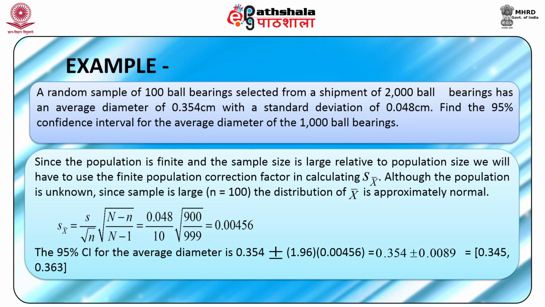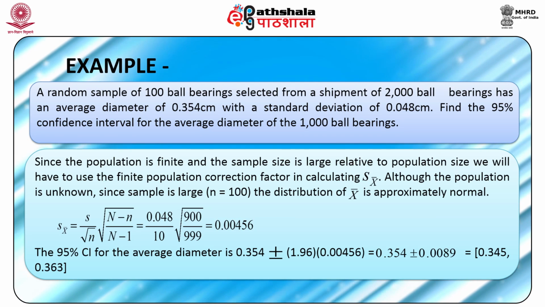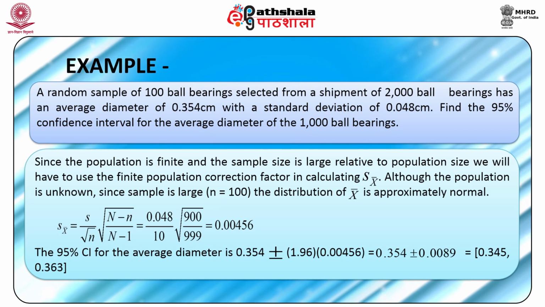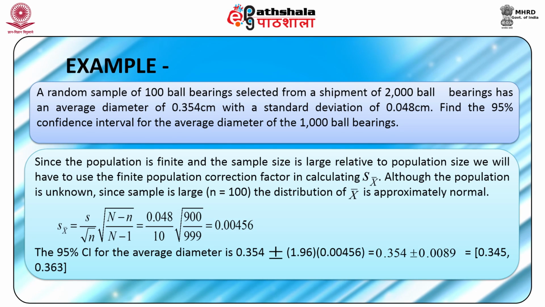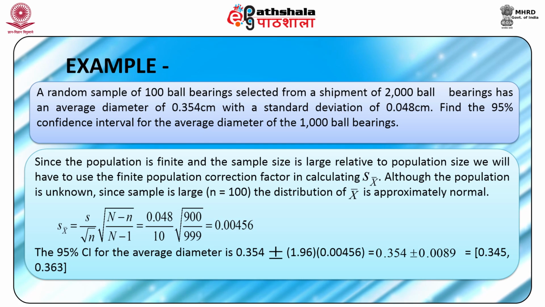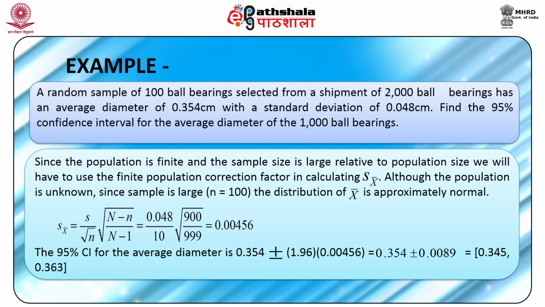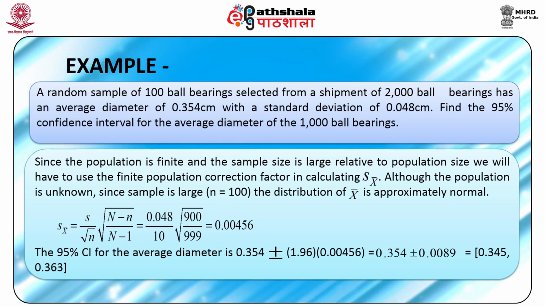Now, on simplification, what we get is 0.354 plus minus 0.0089, and this gives us the lower limit of 0.345 and upper limit of 0.363. So you can calculate and verify these numbers here.